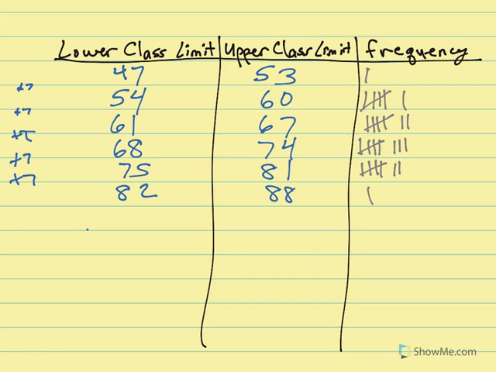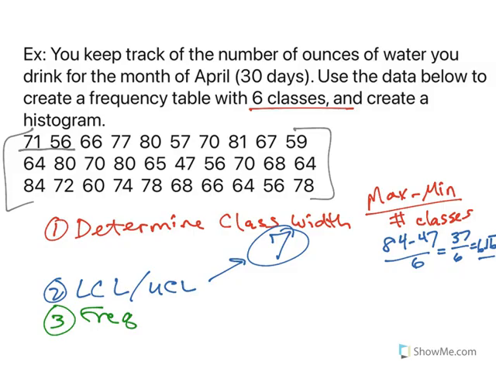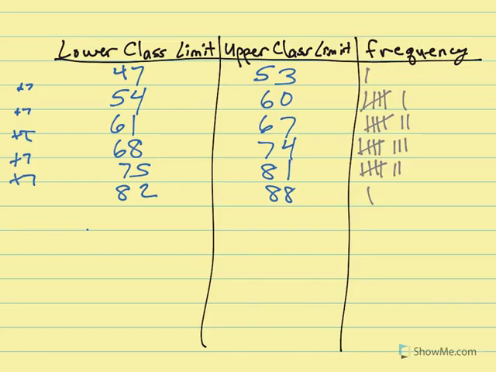After you go through one by one, figuring out where these numbers fit in the intervals, everything from 47, 48, 49, 50, 51, 52, 53, all of those numbers are in that first class. So we have those, and we figured it out.